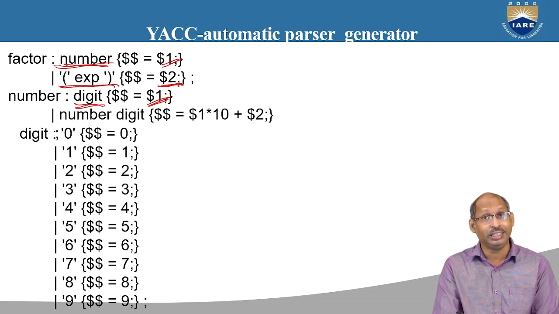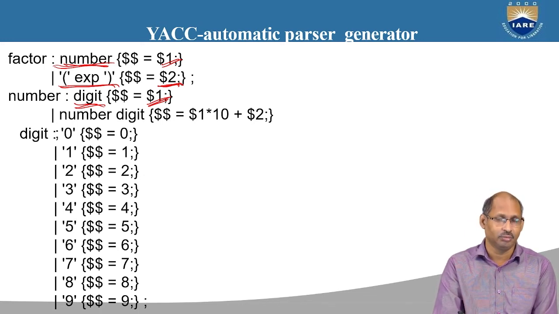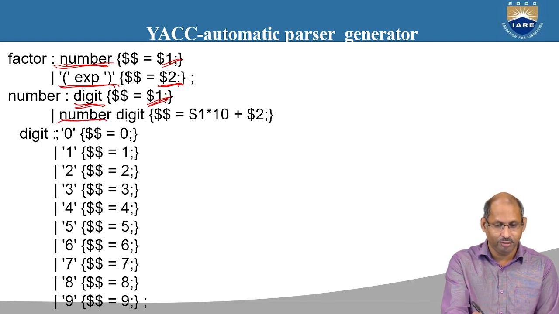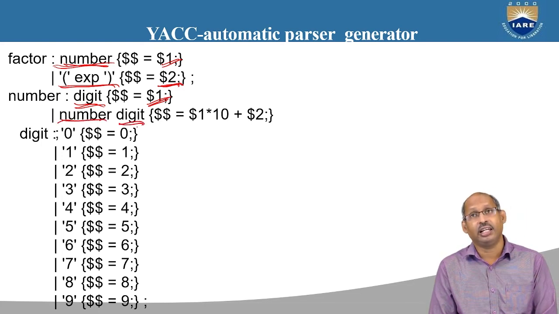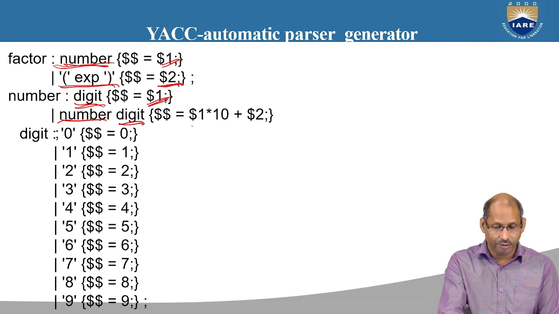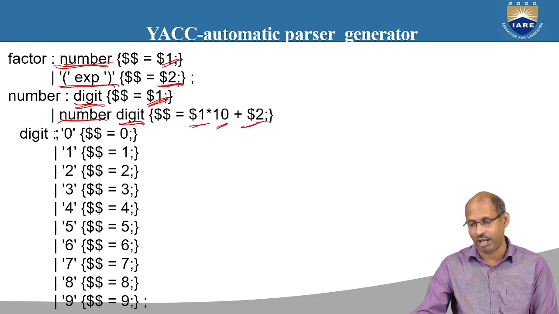Otherwise, it might be number followed by digit. A recursive expression in the context-free grammars. A number followed by digit. In that case, value of the first term is multiplied with 10 and added with the second value.